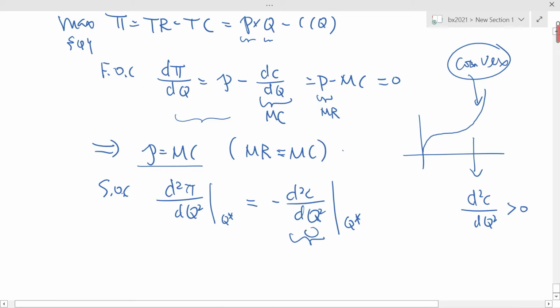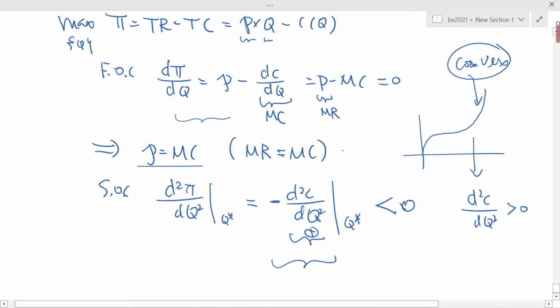So this term is positive, and we find that the whole term is negative. So the second order condition is negative. This ensures that what we found is indeed the profit maximizing output.